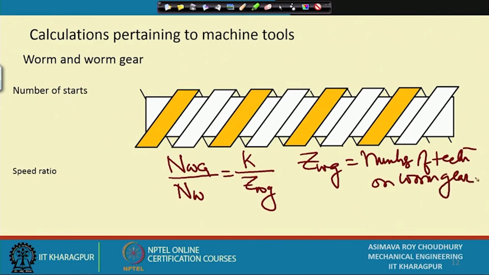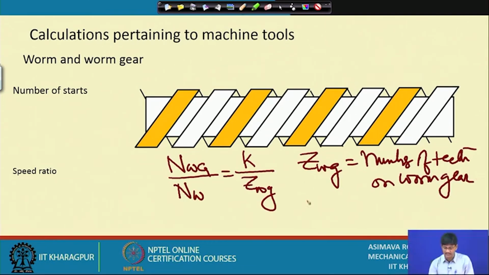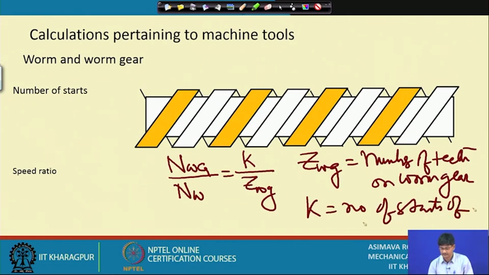What is the worm gear? The one which is connected to the screw, and K is already defined, the number of starts of the worm.